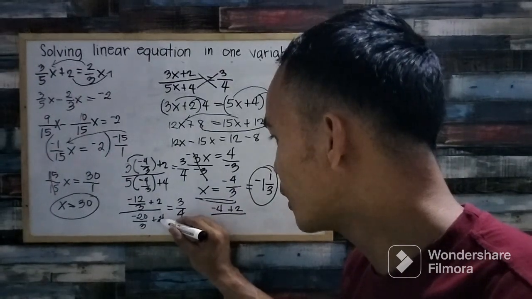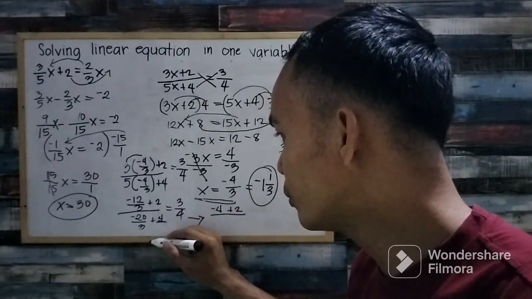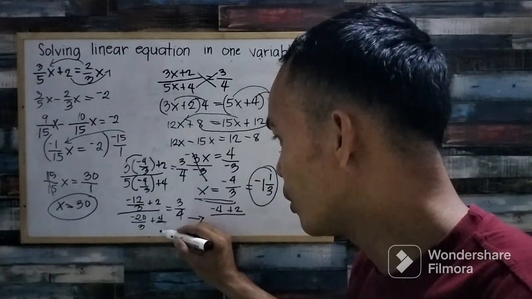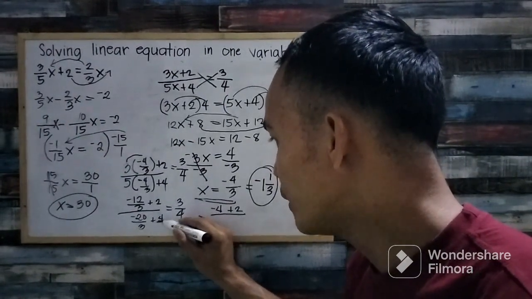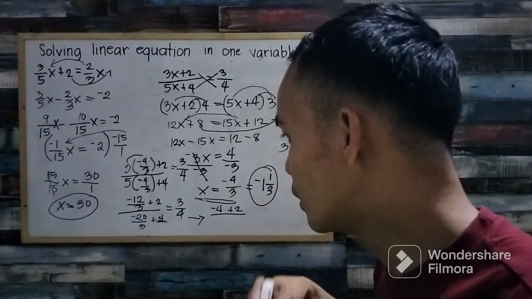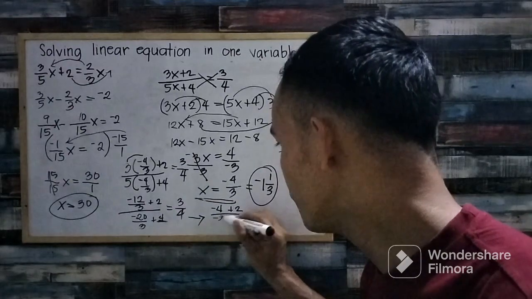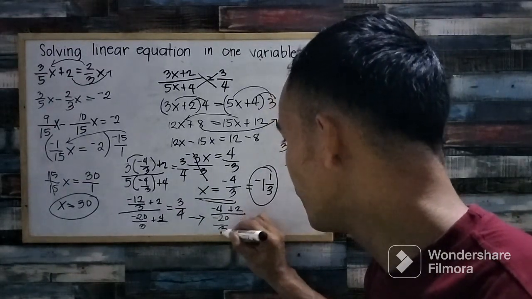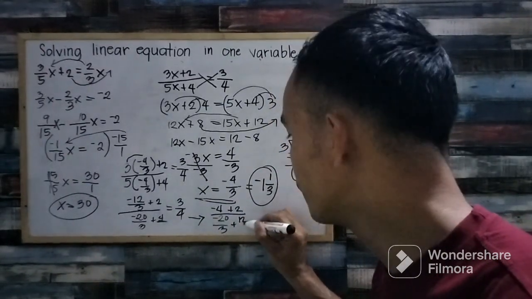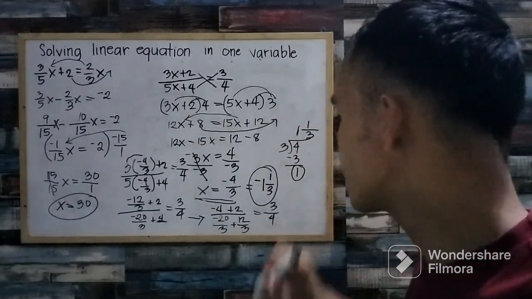So, paano ba natin siya gagawin fraction? Kailangan the same yung denominators. So, what are we going to do? You will just simply multiply it by 3, magiging 12 yan. So, that is 12 over 3. So, this is negative 20 over 3 plus 12 over 3 is equal to 3/4.